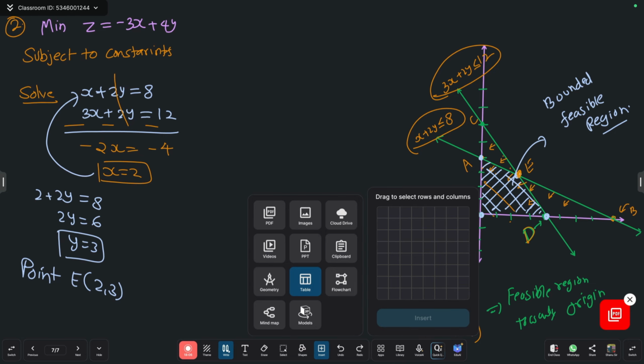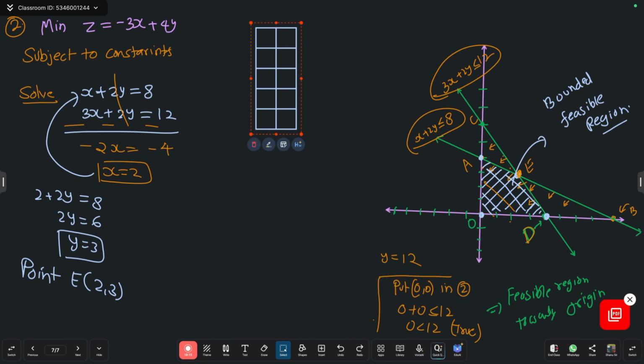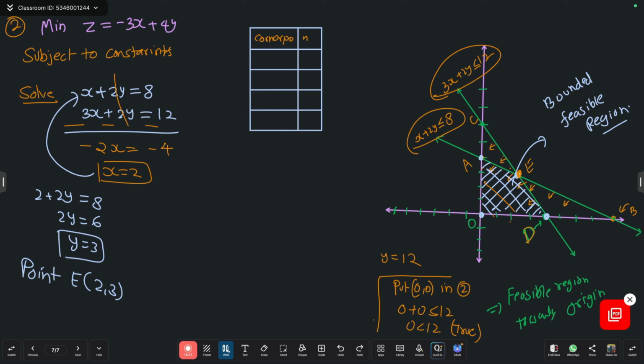How many points are there? 1, 2, 3, 4. We need 5. Corner points. How many corner points?